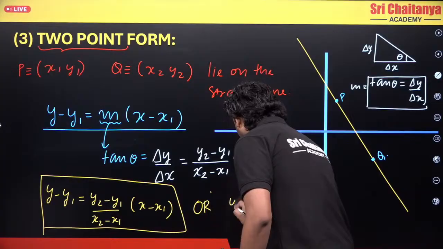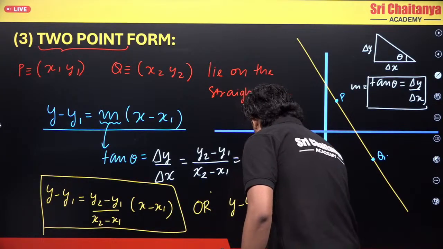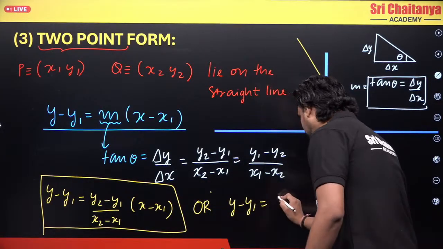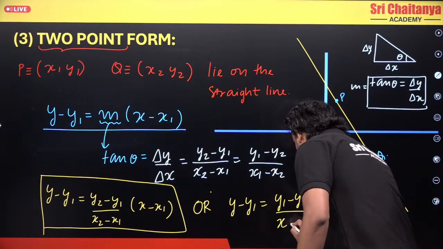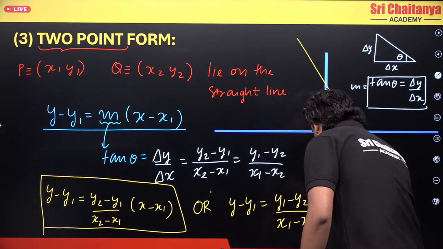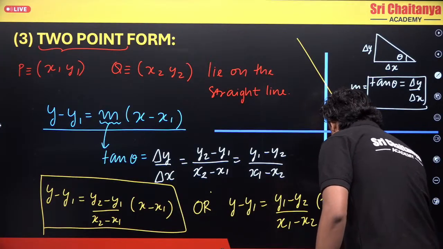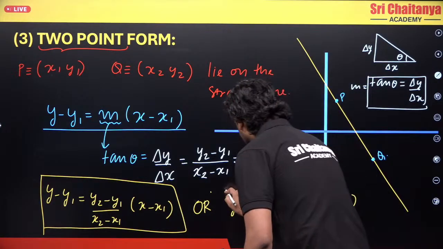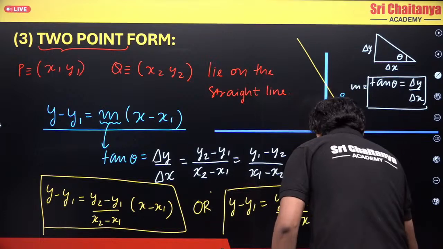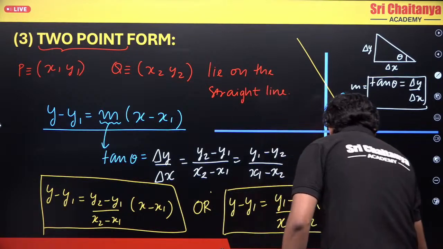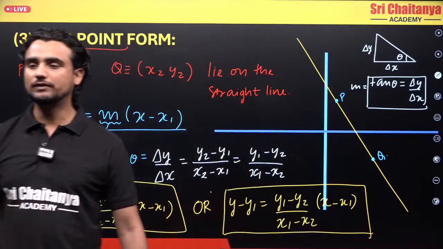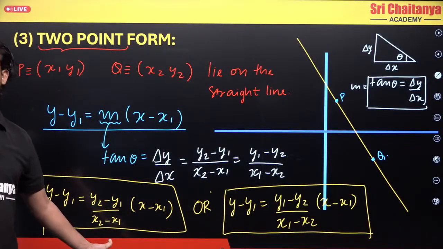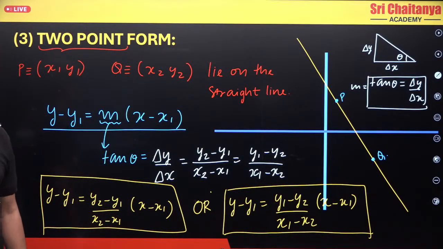Or you can say y minus y1 is equal to, with m as y1 minus y2 upon x1 minus x2, into x minus x1. So this is the general equation for the 2-point form. You can use any one of them in your questions. Clear? Any questions?